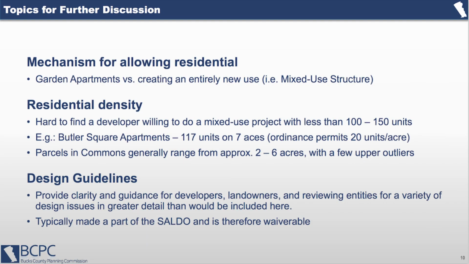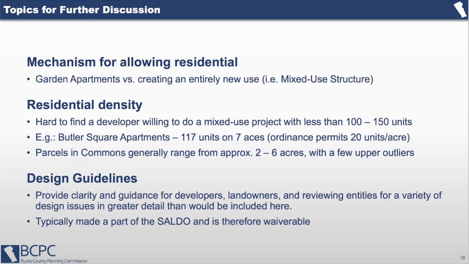All right, so these are the areas that I wanted to touch on for a little bit of additional discussion. The first area is the question of how to provide a mechanism for allowing residential. Right now we've shoehorned the garden apartment use in as the chosen residential use type, which we felt was the best fit based on what was already in the zoning ordinance.